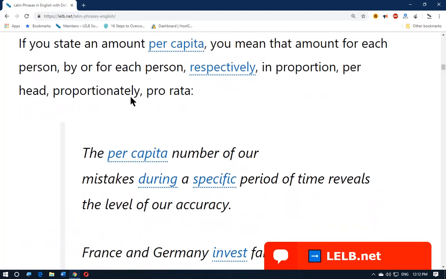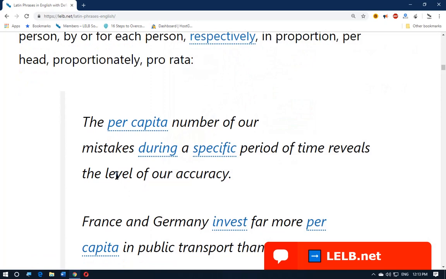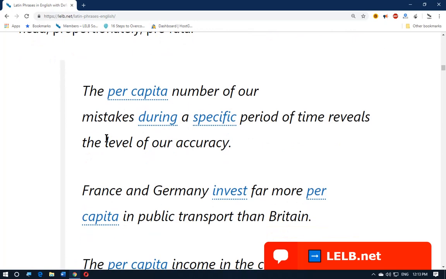The per capita number of your mistakes during a specific period of time reveals the level of our accuracy. So mistakes during a specific or special period of time reveal or show a level of accuracy or precision.